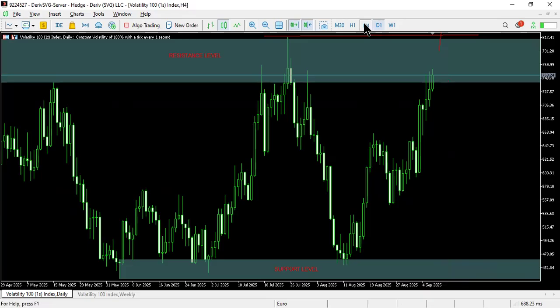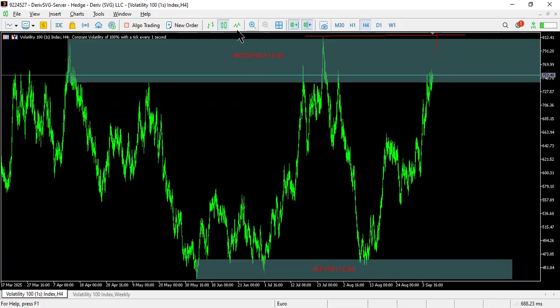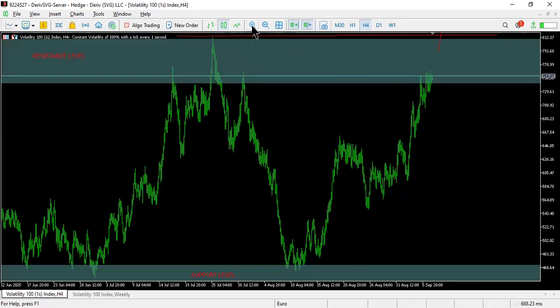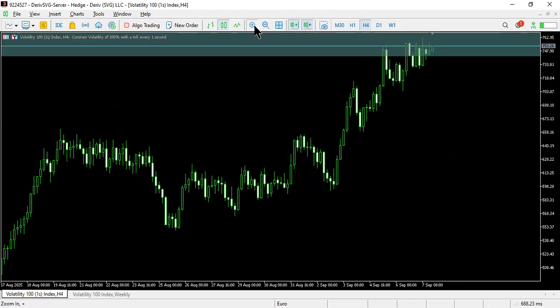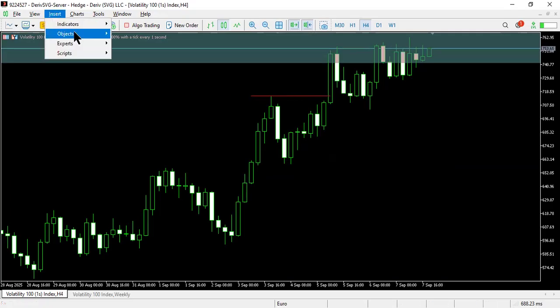And then if we go to the 4-hour time frame, we can see that this was the last break of structure before price went to step into our resistance.